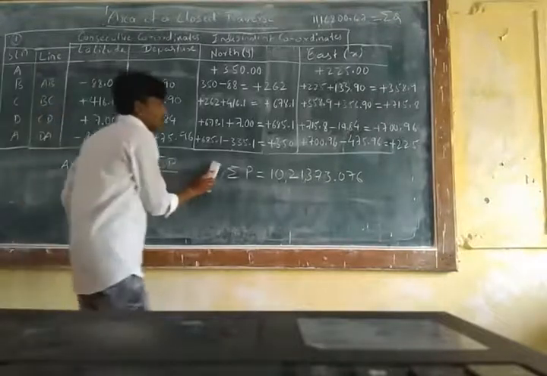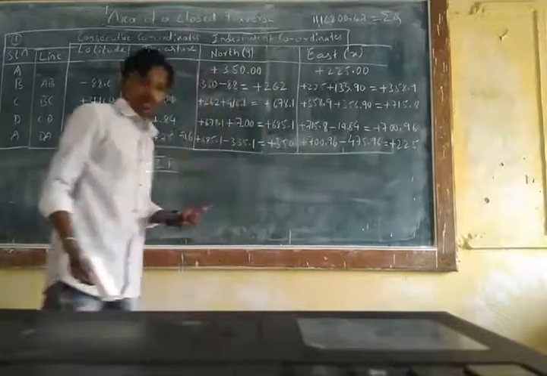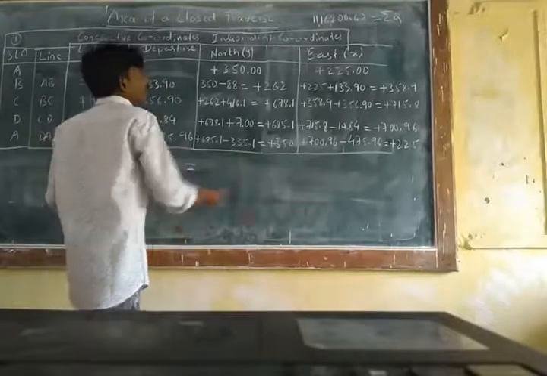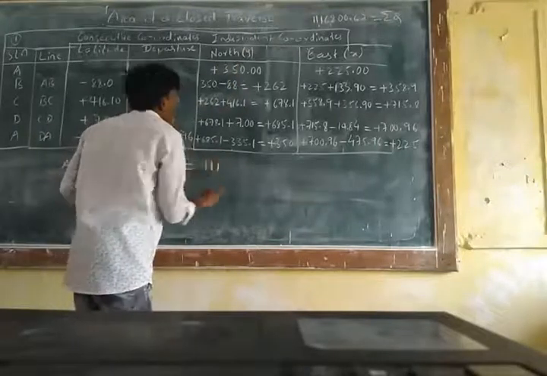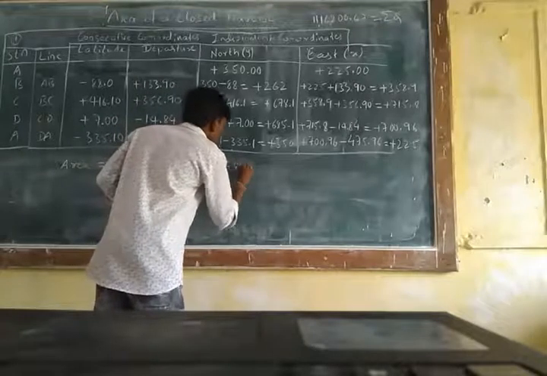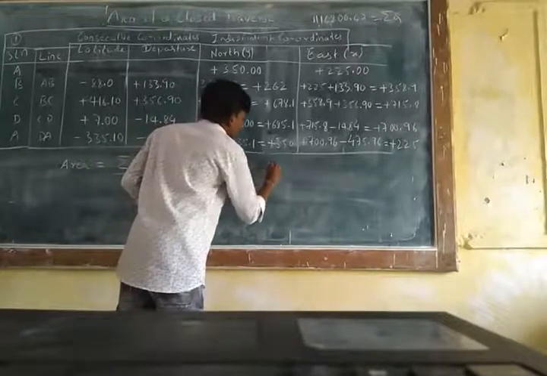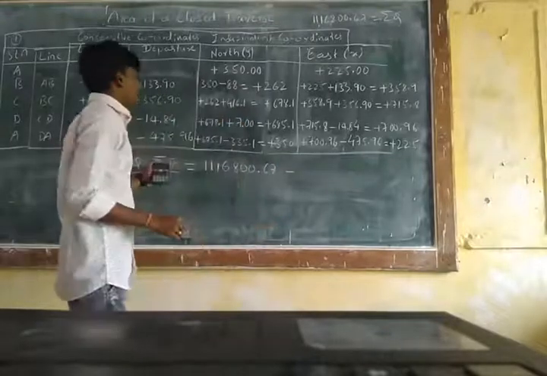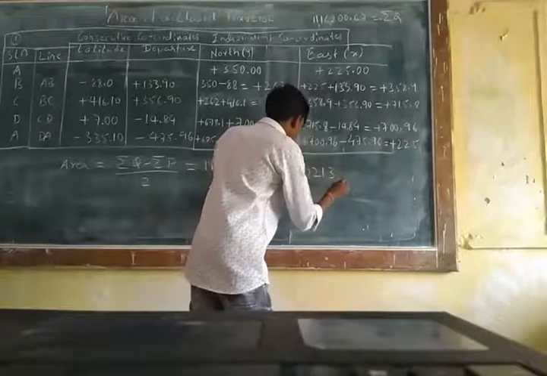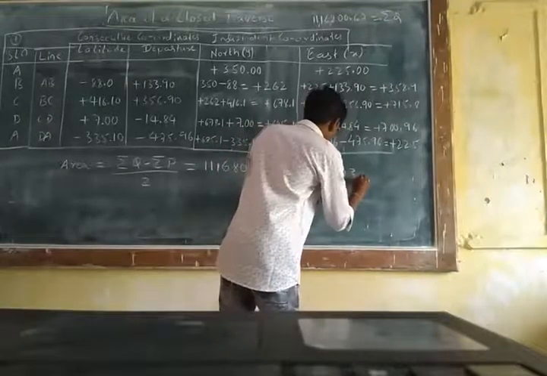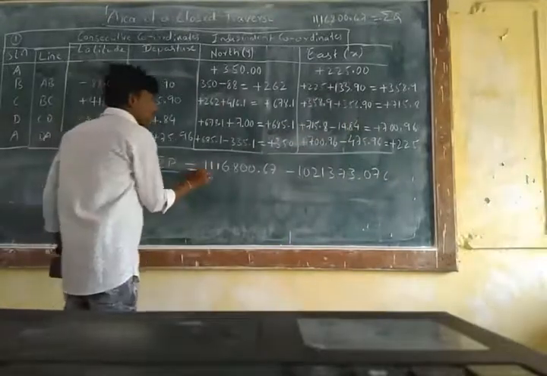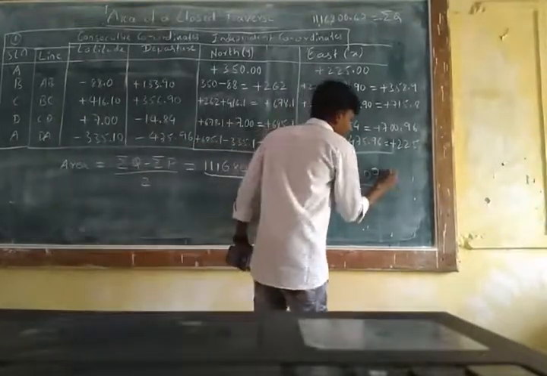Let's write the same here: area is equal to summation of Q, which is 1116800.67, minus summation of P, which is 1021373.076, and this is divided by 2.